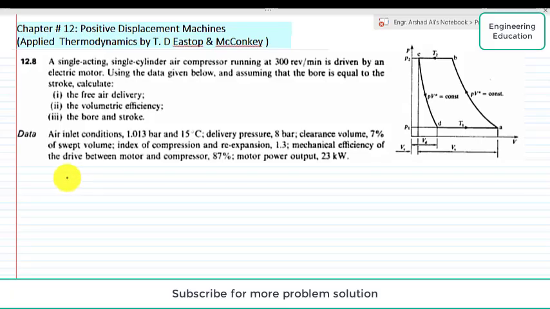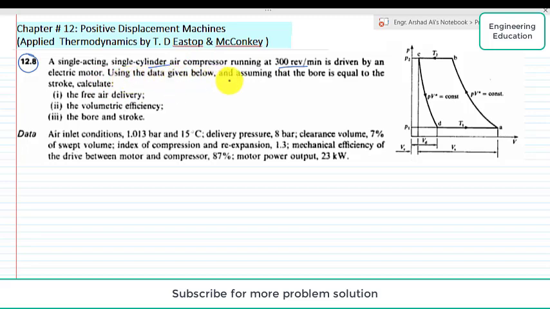In this video we are going to solve problem 12.8, chapter 12, positive displacement machines, Applied Thermodynamics by TDS Top and McConkey. The statement of the problem is: a single acting single cylinder air compressor running at 300 revolutions per minute is driven by an electric motor.